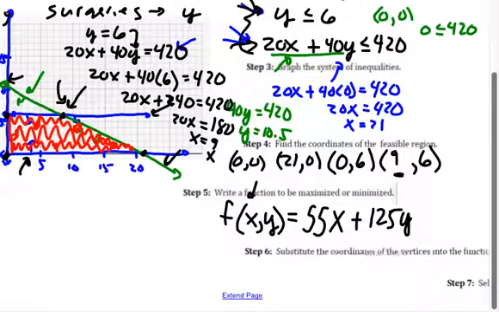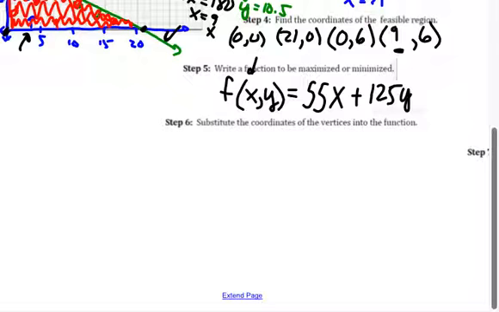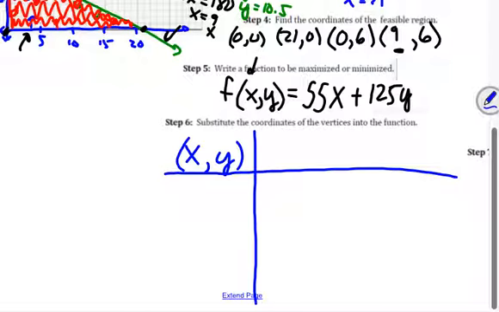Then, last but not least, plug the coordinates of the vertices in, and that's going to give you your step 7, your least amount and your greatest amount. Okay, so let's do that. A little bit of math here. We're going to plug x comma y values into our objective function. f of x comma y equals 55x plus 125y.